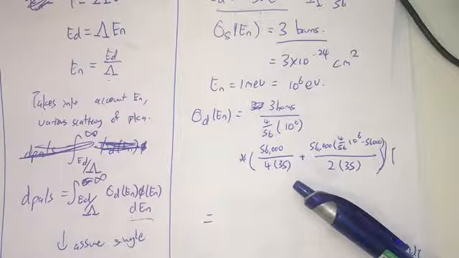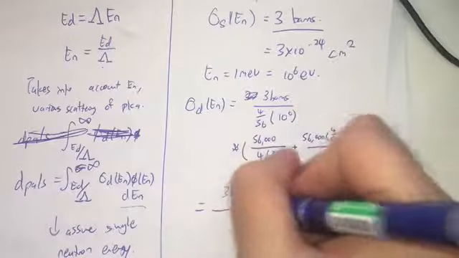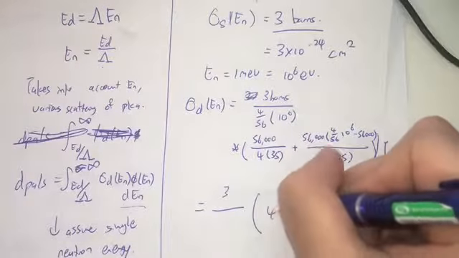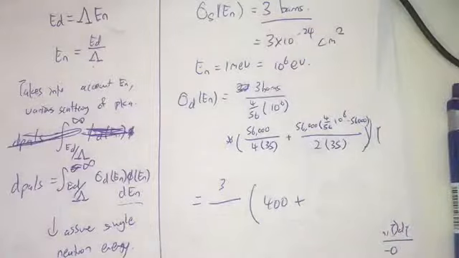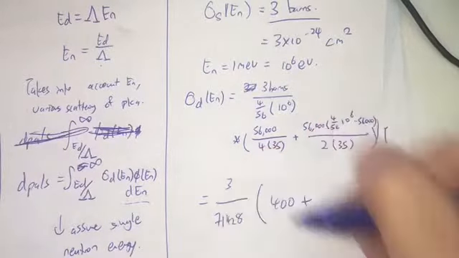Okay, so 56,000 divided by 4 divided by 35. So the first term here is 400. That denominator is 4 divided by 56 times E6, 71428.